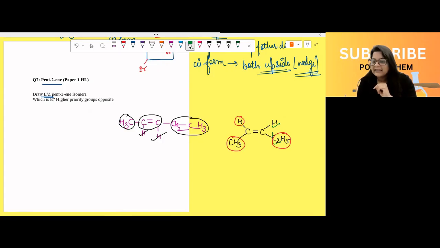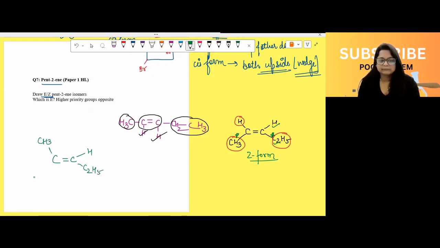Both priorities on one side becomes your Z form, and priorities along the transversal becomes your E form.